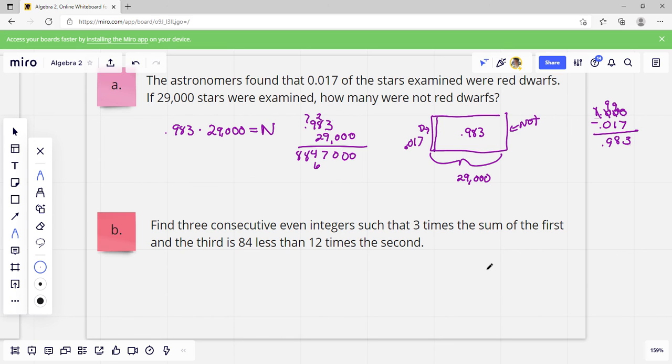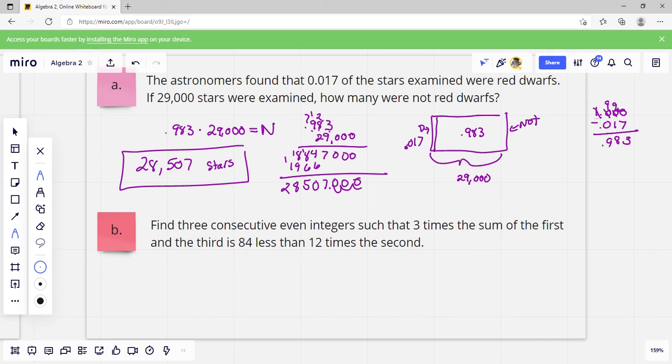Drop 3, yep. 2 times 8 is 16. 9 and 9 is 18. 19. 10. 6 and 8 is 14, 15, 18. That's a big number, and then I'm going to move over 1, 2, 3 decimal places. So 1, 2, 3. And I should have 28,507 stars. And that's the answer right there.